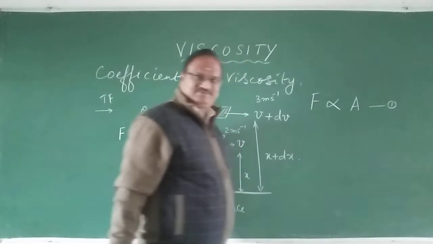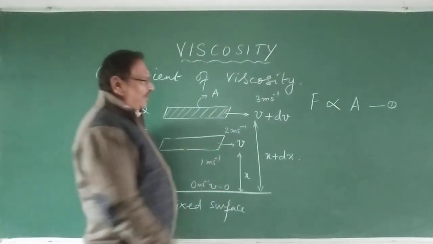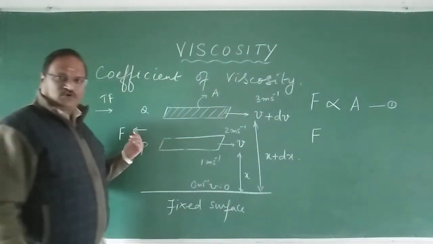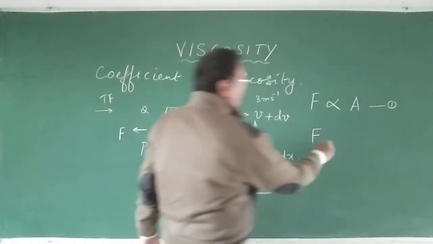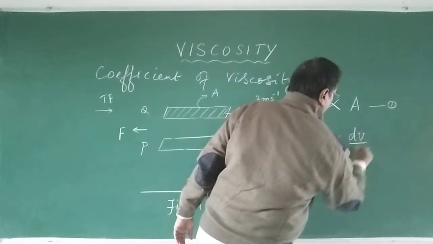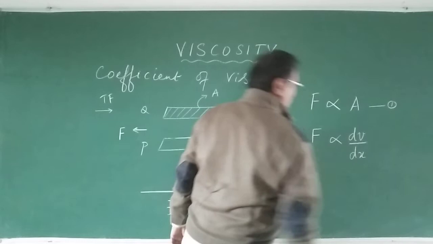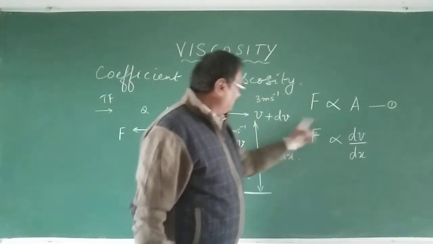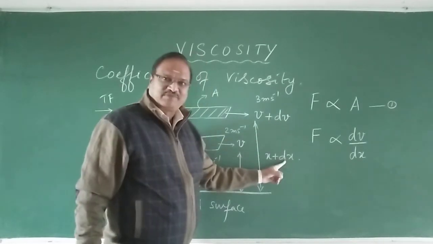Equation number 1. Second, on what factors does the viscous force depend? It also depends on the rate of change of velocity with respect to distance. This is dv upon dx.